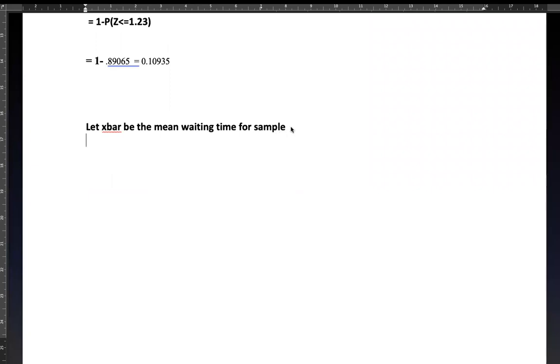And then the standard deviation? 1.0 minute. What is the sample mean? 4.2. And then the sample size is 25.